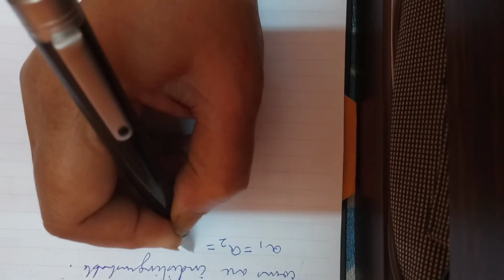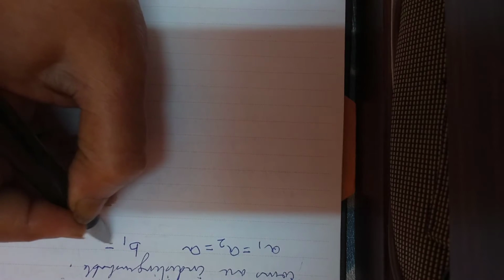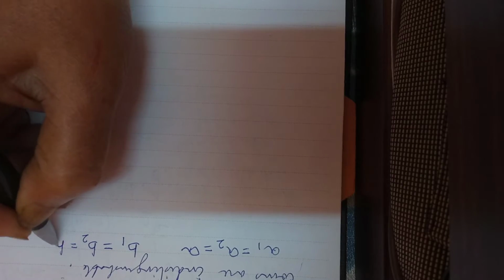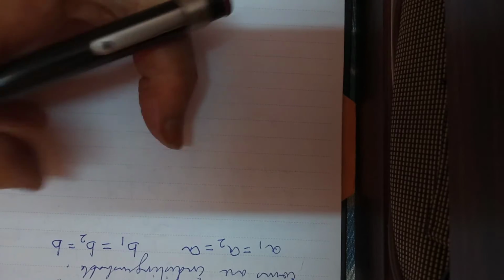Now what will happen if the coins are indistinguishable? When the coins are indistinguishable, A1 equal to A2 equal to A, and B1 equal to B2 equal to B. That means instead of two different coins, now you are using the same kind of coin, say only a gold coin.